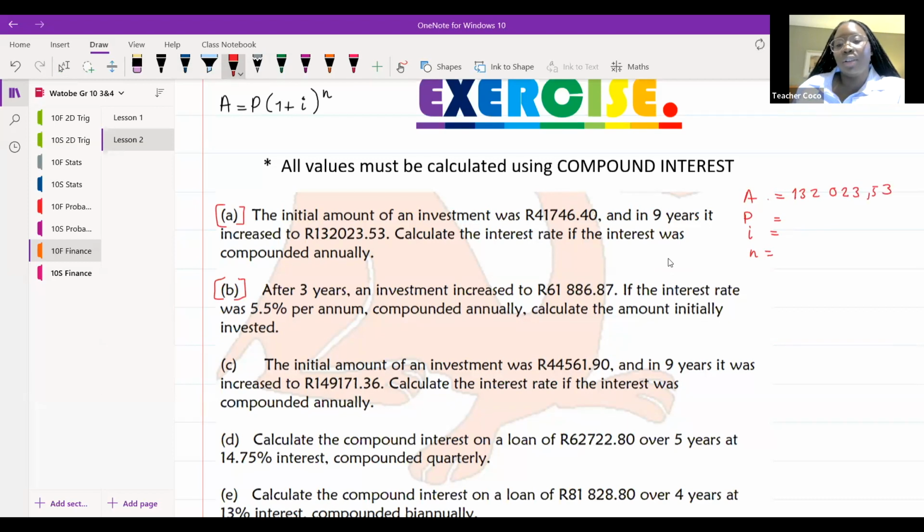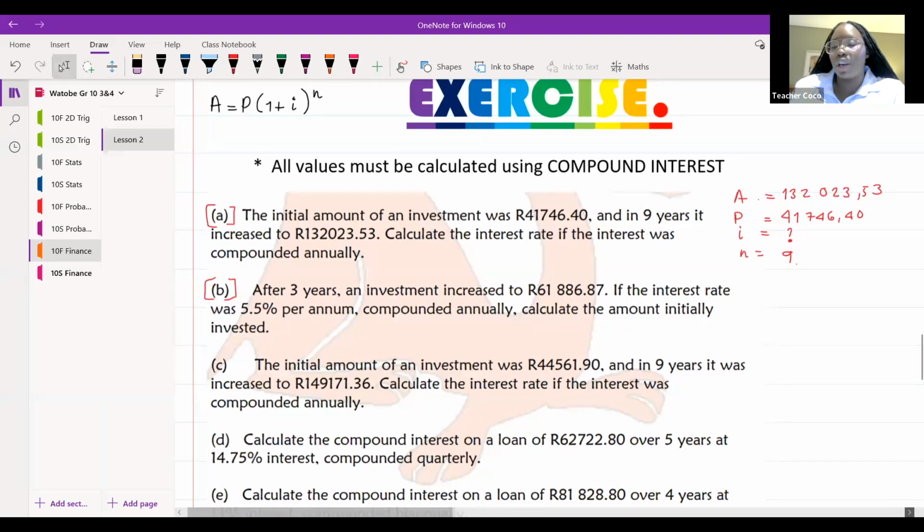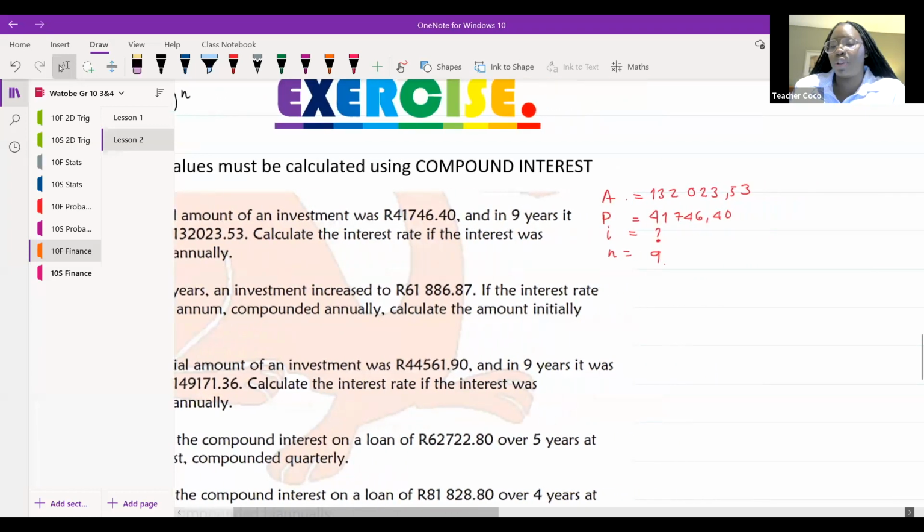Good. Then we have P, which is 41,746.40. Good. Then we don't have our I. That's our answer. And then we have 9 years. Good. Let's see what we're going to do with this information.